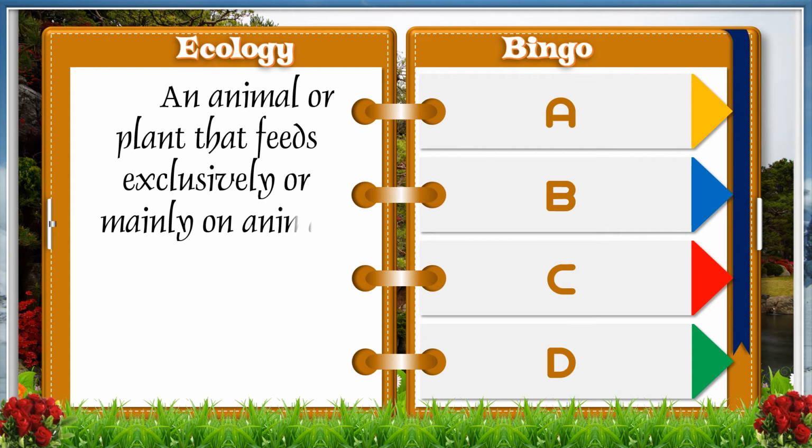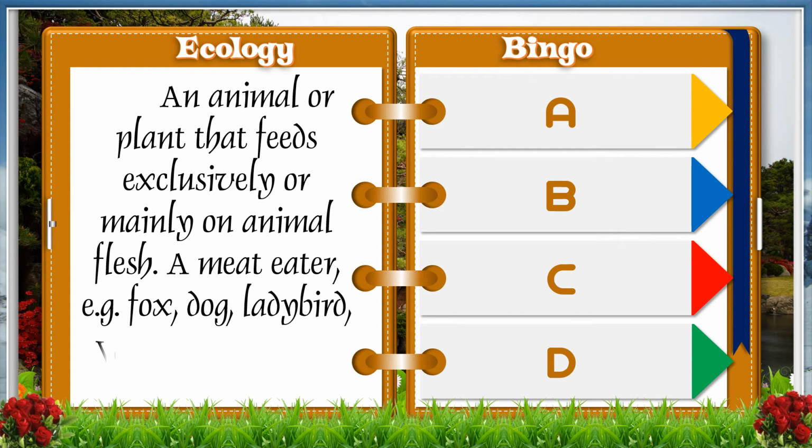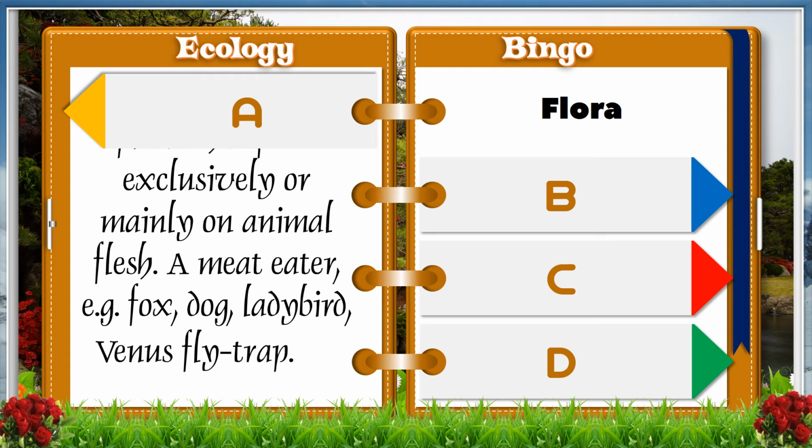An animal or plant that feeds exclusively or mainly on animal flesh. A meat eater, for example, fox, dog, ladybird, Venus fly trap, etc. A. Froller.